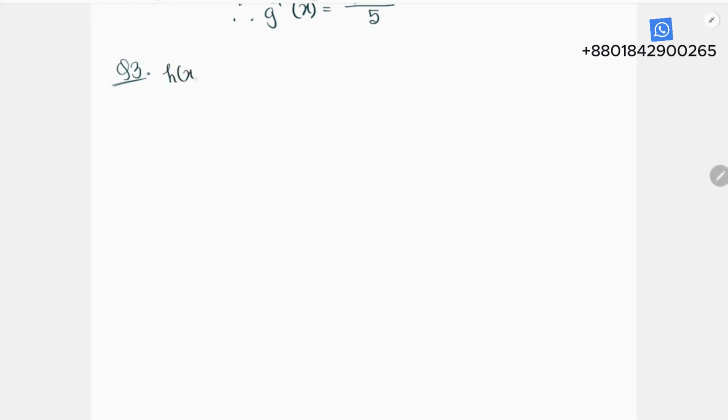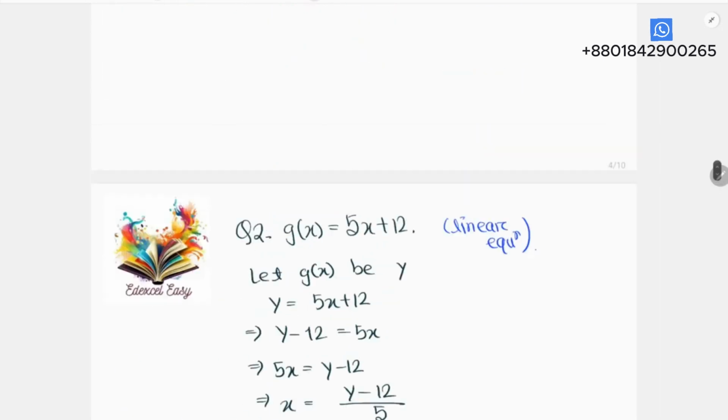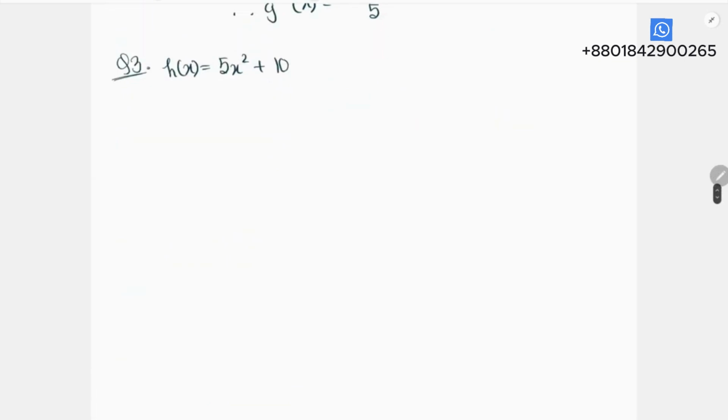So it's going to be like this, 5x squared plus 10. Then you have to do the same working: let h(x), this time you have h(x), so h(x) be y, and you can write the equation as y equals 5x squared plus 10.